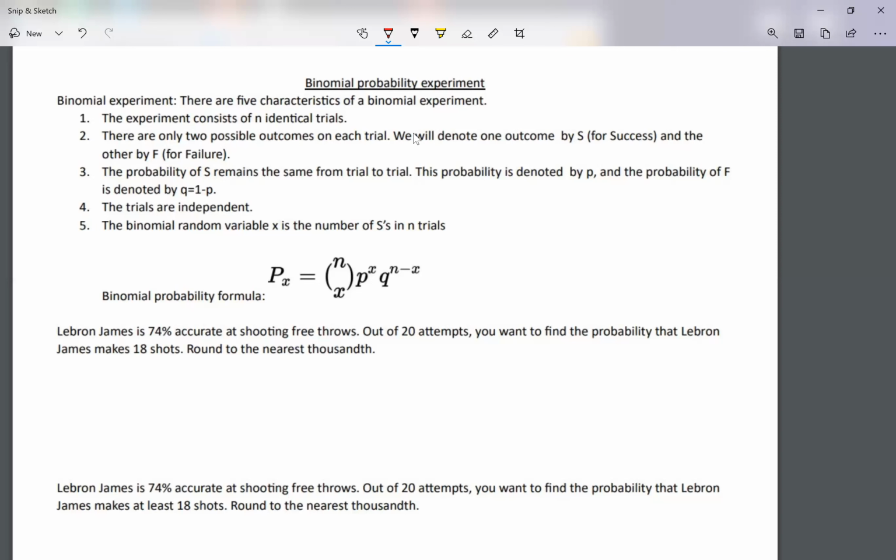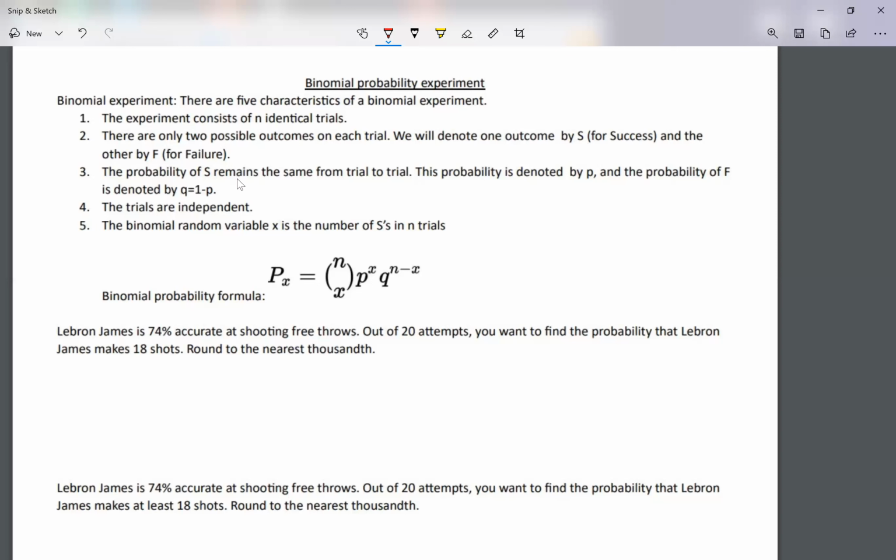Flip a coin, you get either tails or no tails. I throw a free throw, I make it or don't make it. Again, sometimes I use P for success and Q for failure.